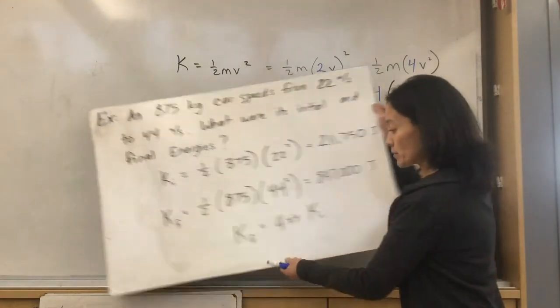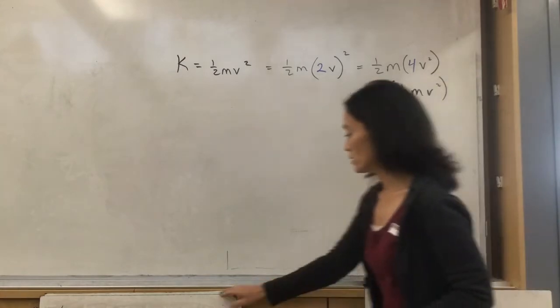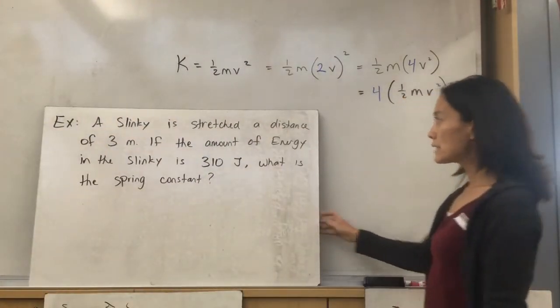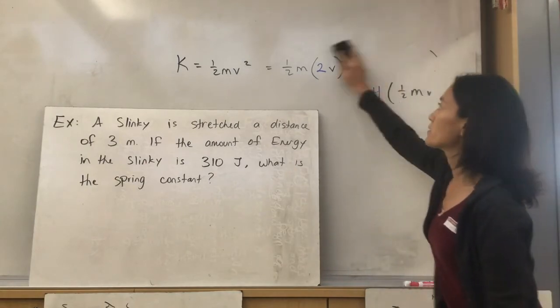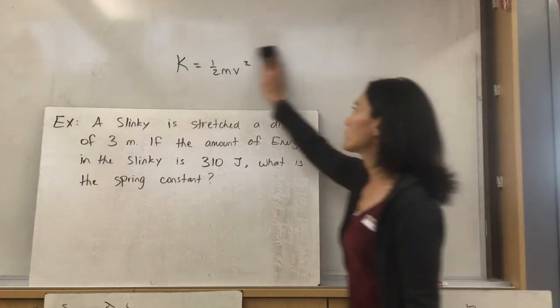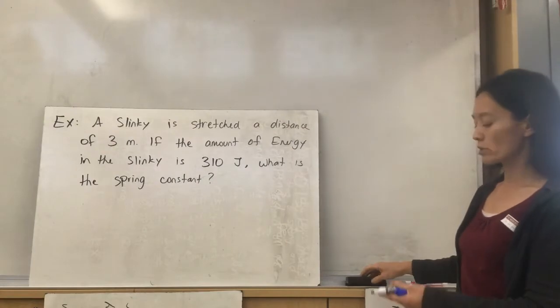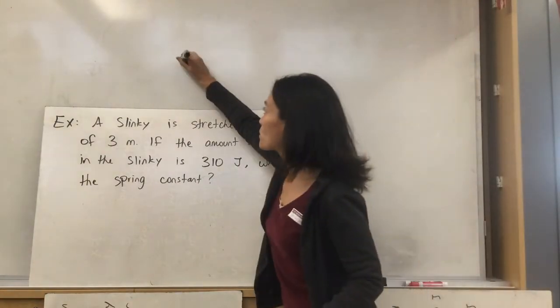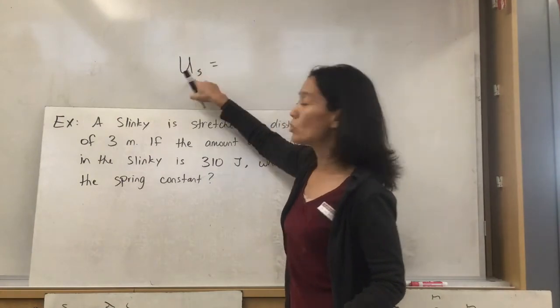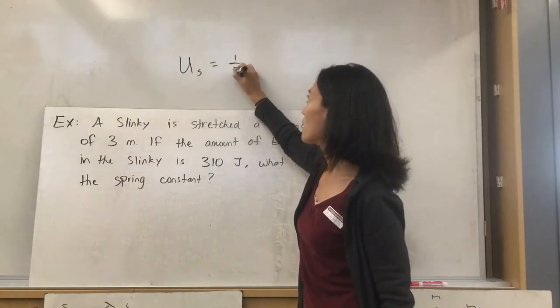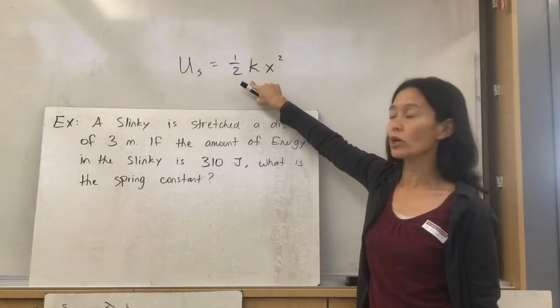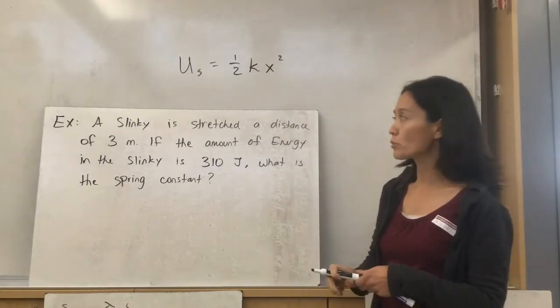So let's look at another example. This one says, a slinky is stretched a distance of 3 meters. If the amount of energy in the slinky is 310 joules, what is the spring constant? So recall that spring energy, US, is equal to 1/2 kx squared, where k is the spring constant and x is the distance stretched or compressed.